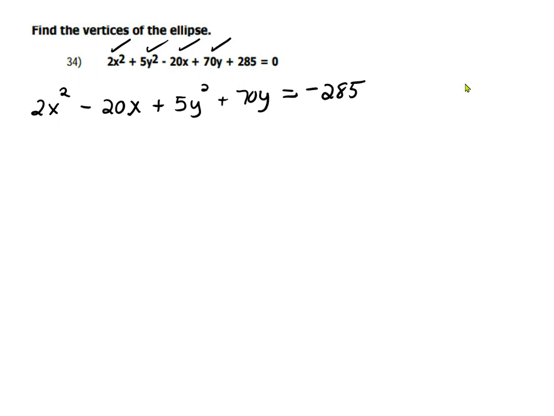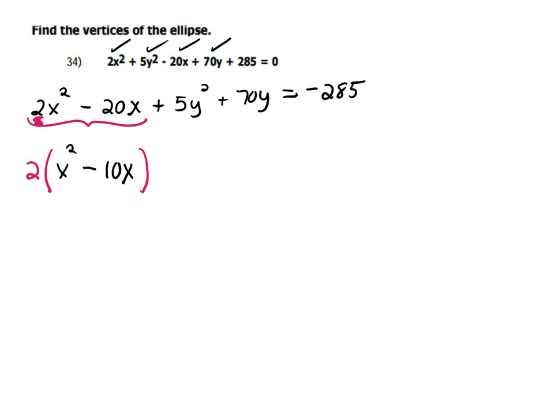What you're going to do is, for these two terms, I'm going to factor out the 2. Just the 2. Because in order to complete the square, your x squared has to have a coefficient of 1. So I have to pull out that 2. That's going to leave me with an x squared minus 10x.